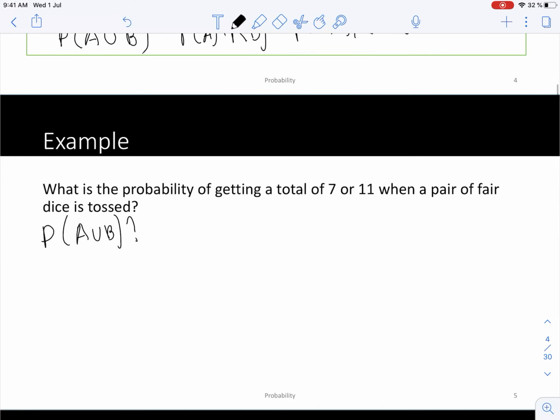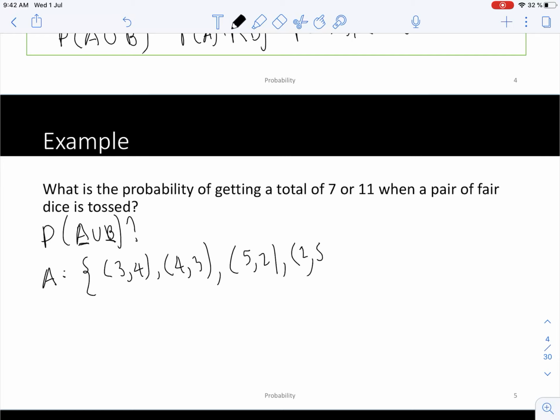The first thing that you need to do is find the probabilities for these events. Event A means getting a total of 7. So let's find the sample points in which we get a 7. That's when you get 3 4 or 4 3, 5 2 or 2 5, and finally 6 1 or 1 6.